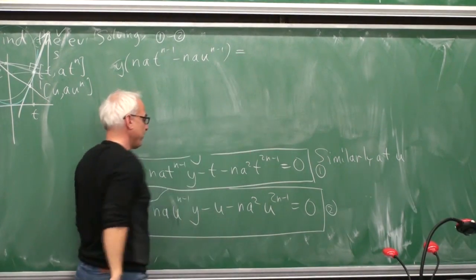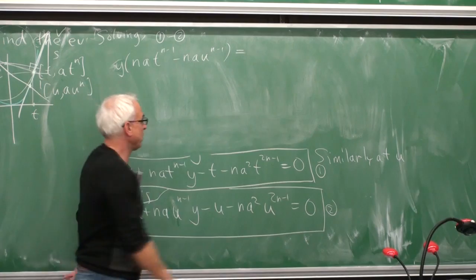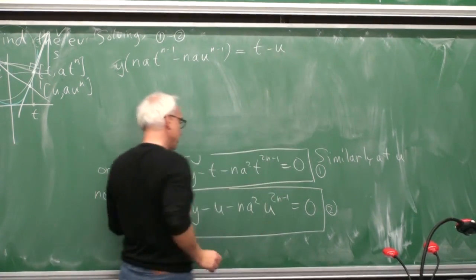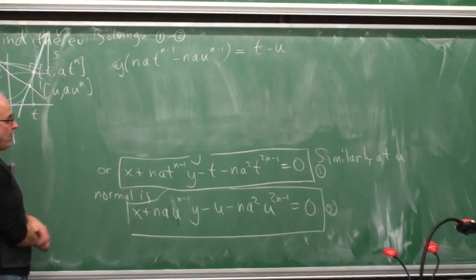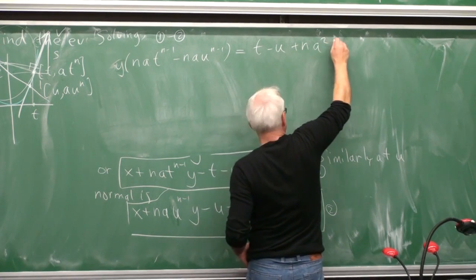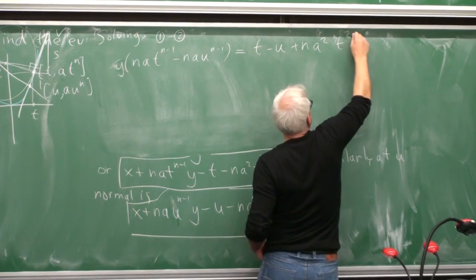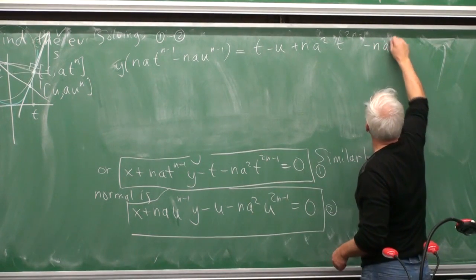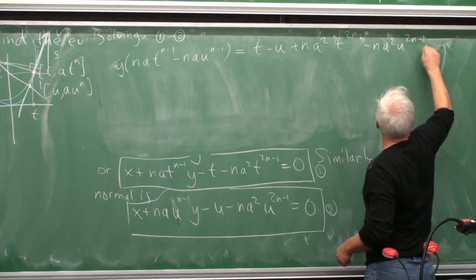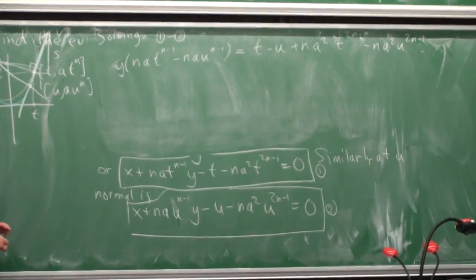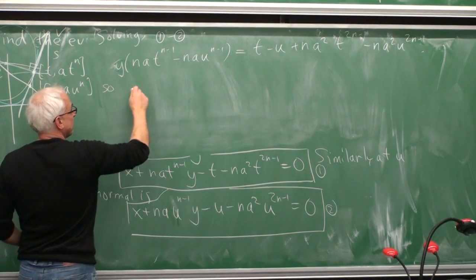So equals t minus u, and then we have na squared t, so plus na squared t to the 2n minus 1, and then a minus, similarly, na squared u to the 2n minus 1. So I guess we can just solve for y by dividing by this.